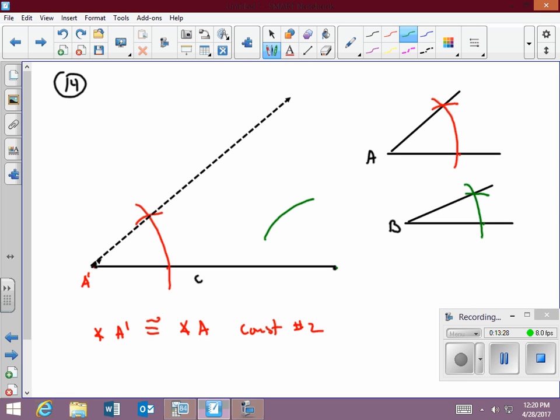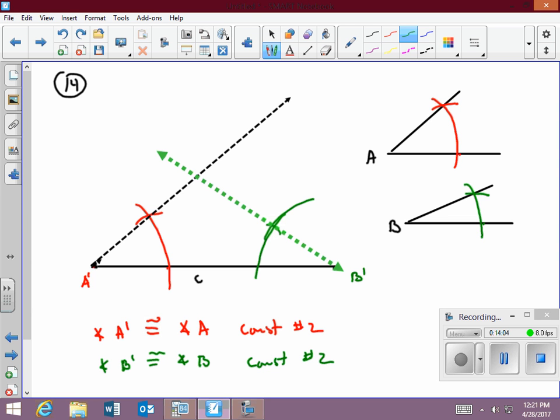I didn't run this arc long enough. Put your point here and run a similar arc. And then he'd call this one B prime. Angle B prime is congruent to angle B, and that's the construction number 2.